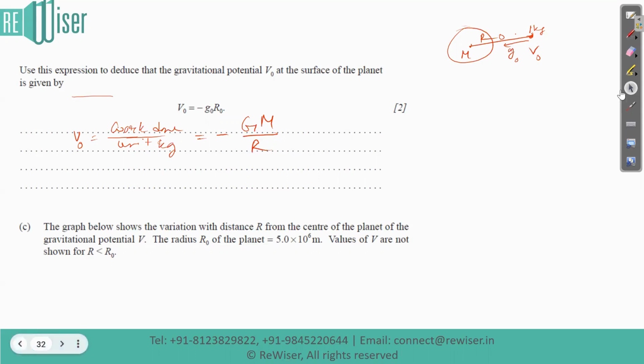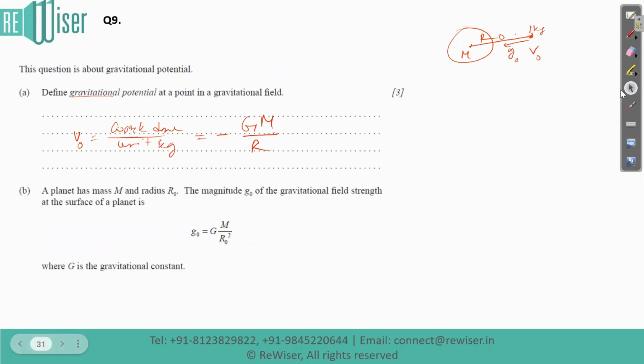How to find out the relation between V0 and g0? They have mentioned a relation between g0 and GM. So from here, we can write g0 R squared is equal to GM. And I can replace this GM with g0 R squared.